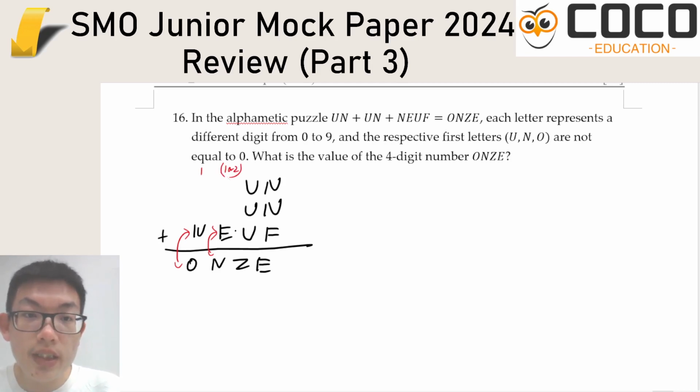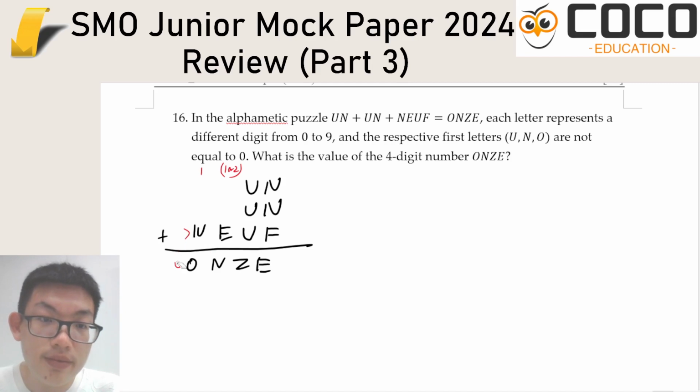Which means that this is probably going to be E is 8 or 9 in order to get a carryover from the 1 or 2. However, n is not 0, so n is at least 1. And the only way you can possibly get a carryover is that E plus the carryover is at least 11. That will fix everything in place. So this is 9. This is 2. This is 1, and this is 2.